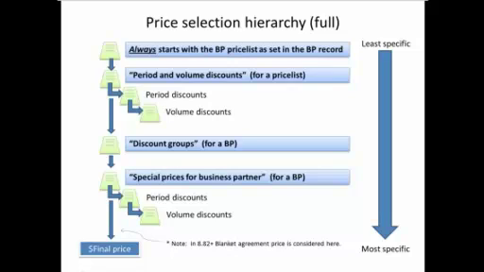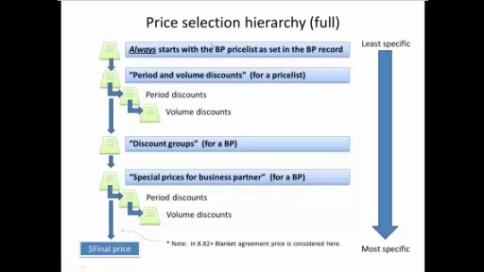Then it will ask, are there any period and volume discounts applicable? Yes or no? If so, it calculates them. Are there any discount groups applicable? Are there any special prices for business partners applicable? And in 882, there is something called blanket agreements, which I talked about a couple of months ago, and those would be considered an extra level right in here, sort of the last thing to be considered.